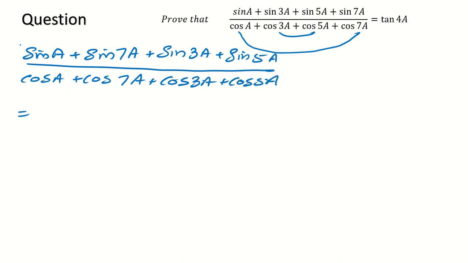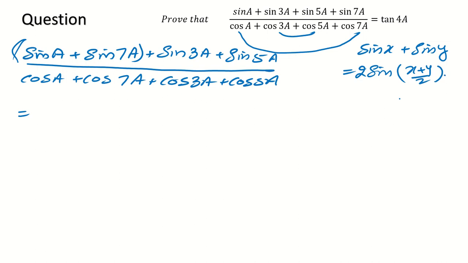And now we will apply the identity of sine x plus sine y. And what is that identity? I will write here for you. Sine x plus sine y is equal to 2 sine x plus y by 2 times cos x minus y by 2, and for the cos, both terms will be of cos.